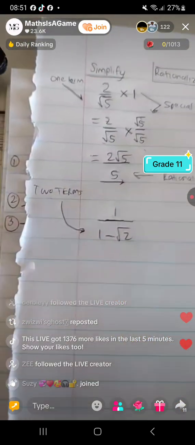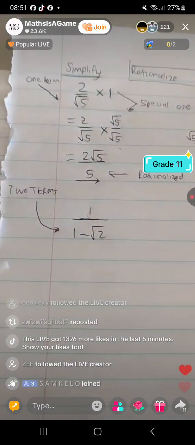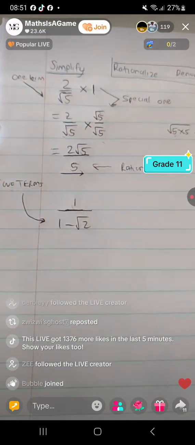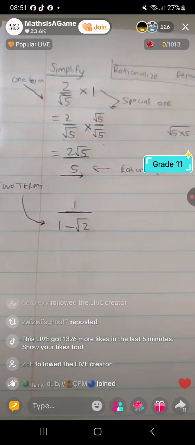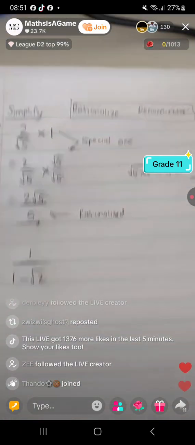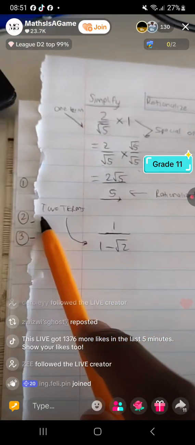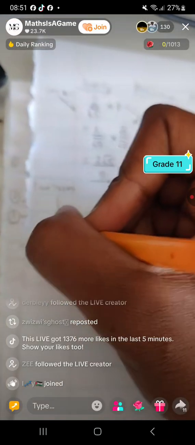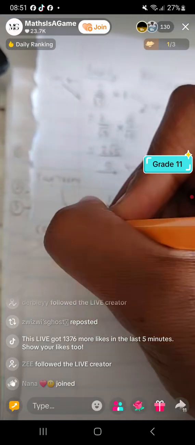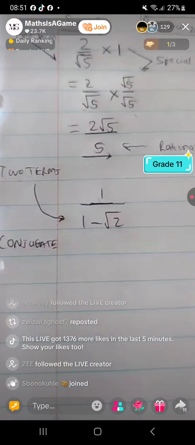We can't have an irrational number in the denominator, or at least mathematically, they always say that we need to make sure that our denominator is not irrational. So what are we going to do? We are going to rationalize the denominator for the 2 terms. How? Now we can use that word. We will apply what we refer to as the conjugate.